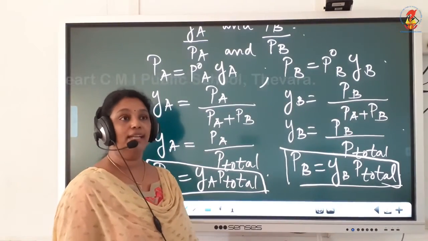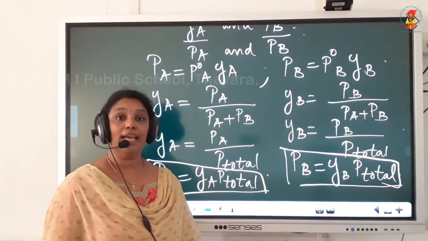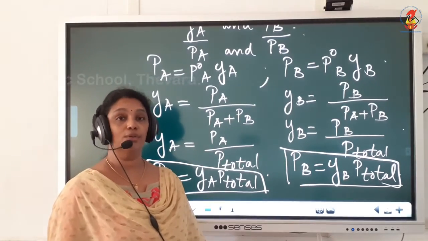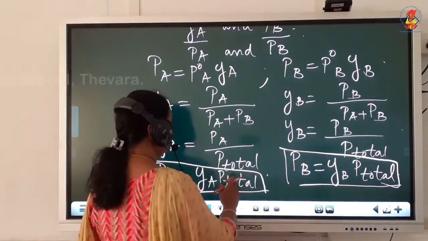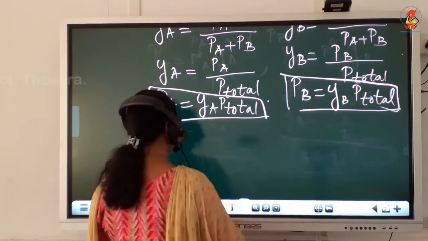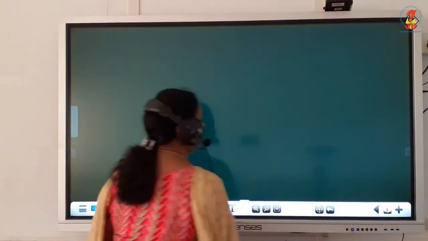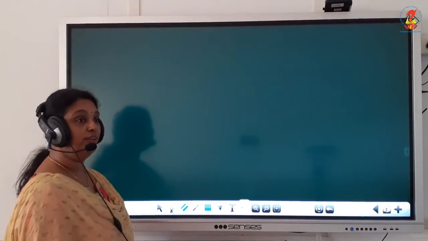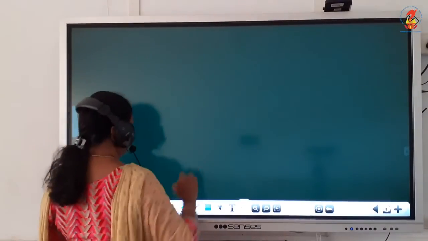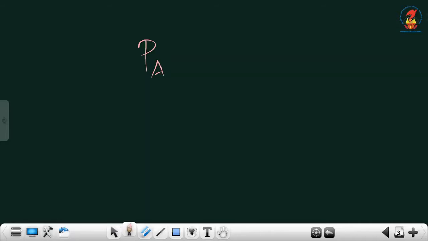Now next let's discuss the similarity and difference between Raoult's law and Henry's law. We know that according to Henry's law, the partial pressure of a gas in the vapor phase is equal to KH into mole fraction.